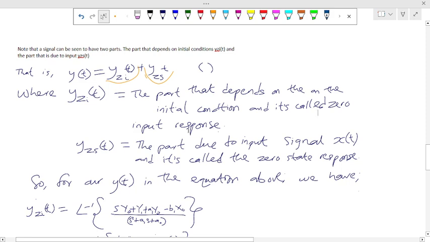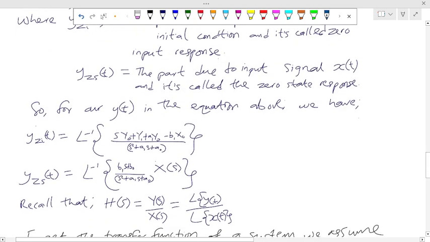Makes sense: zero input. What's the input at that time? Zero, no input. Then the other part, y_zs(t), is the part due to input signal x(t), and it's called the zero state response.